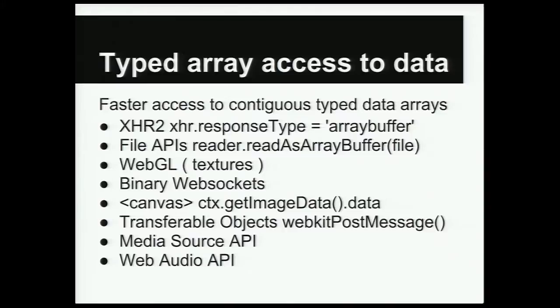One of the really super powerful things, which I actually hadn't used before until I started really getting into the Web Audio API, was getting typed array access to data. Obviously, in Web Audio, this is something you want to do all the time. All of your data is basically sound buffers. Sound buffers are always floating point data in a huge array.